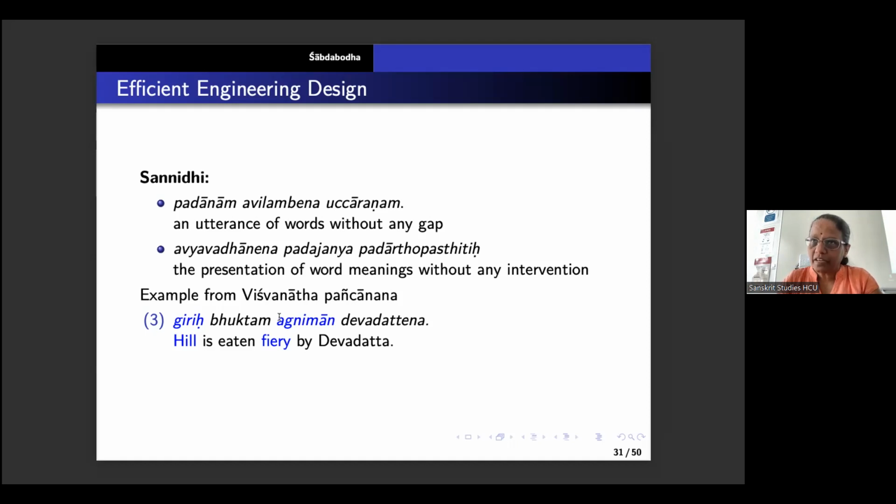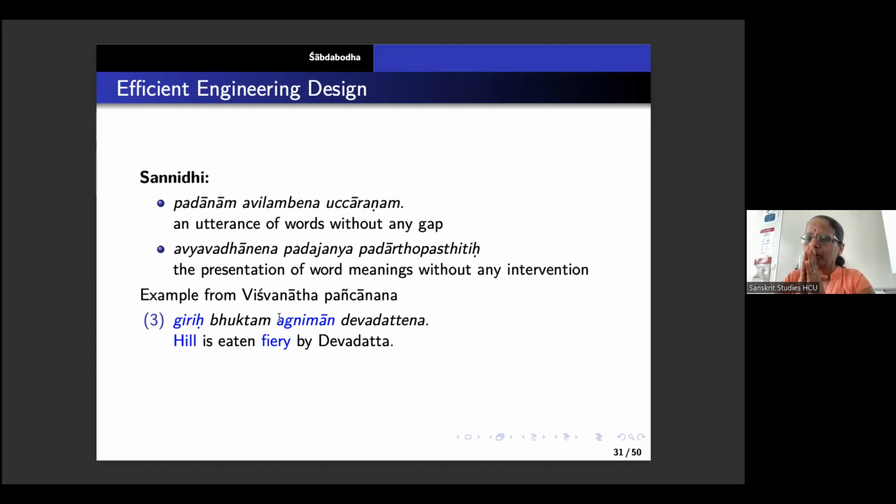Yes, Giri is related to Agniman, but they should be syntactically separated from the object. Girihi Agniman, in between this Bhuktam should not be there. This is an example of a wrong sentence, and why is it wrong? It's leading to ununderstandability because there is some insertion in between two words which are related.